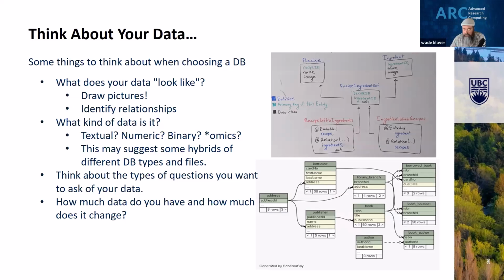Ultimately, this is driven by two things: the source of data coming into your project and the structure of it, and the type of questions that you want to ask of that data. Once you've got that figured out, then you can worry about the bigger questions in terms of resources, like how much do you have and how much does it change?